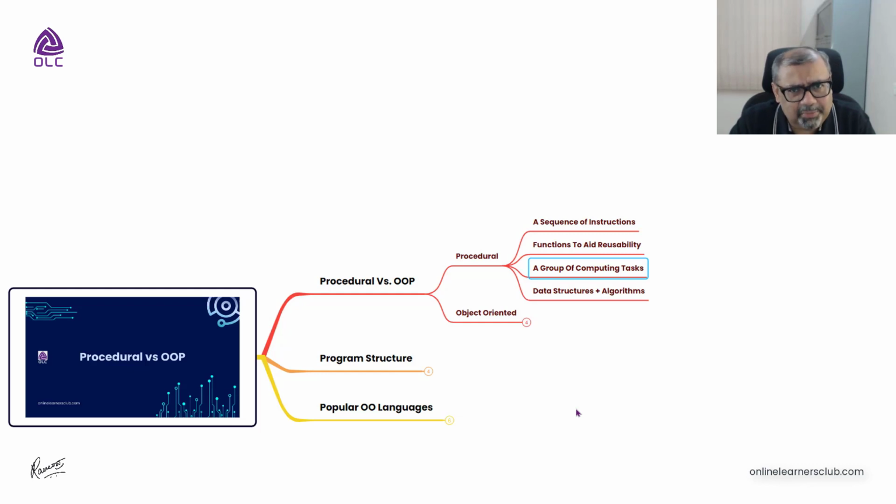That's a simple example of reusability. It just groups all the compute tasks together with some data structures and some algorithms, and we have the steps of operations, which are the basic concept of a procedural language.